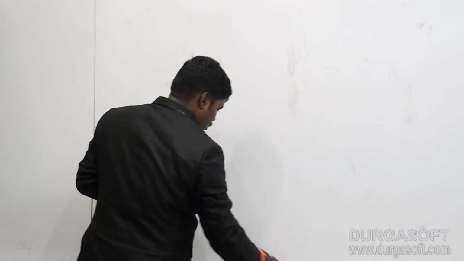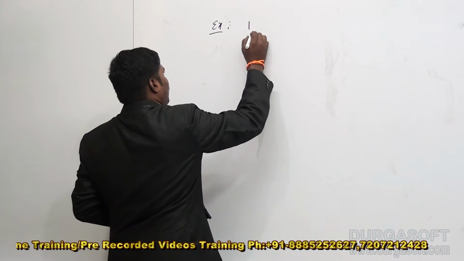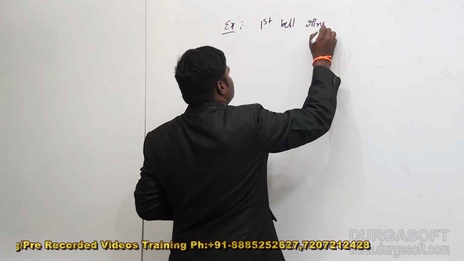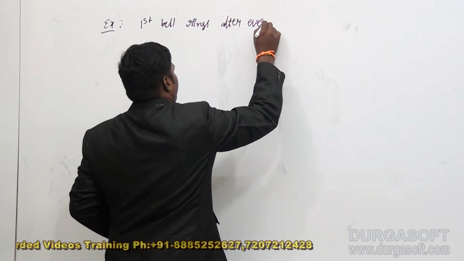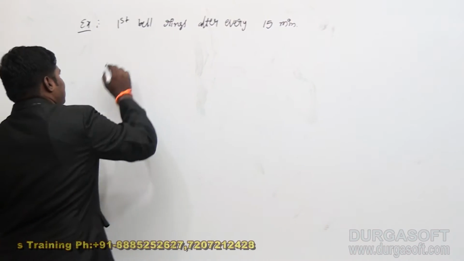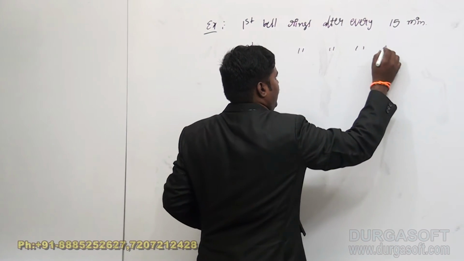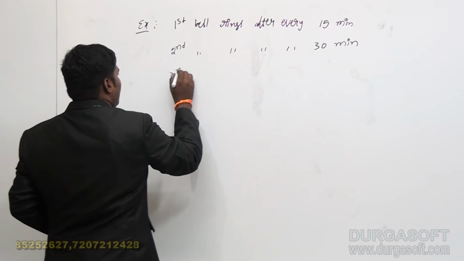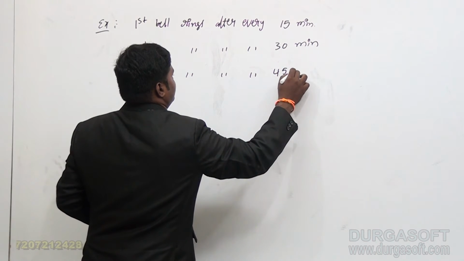Suppose one question: the first bell rings after every 15 minutes, the second bell rings after every 30 minutes, and the third bell rings after every 45 minutes.